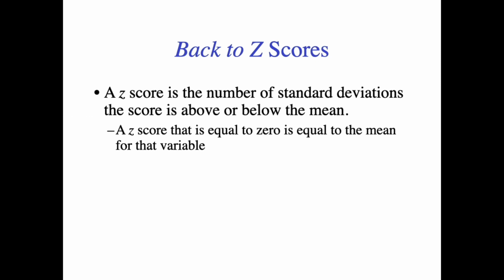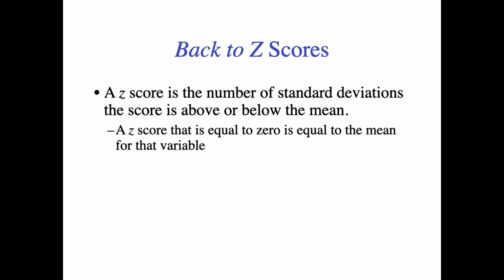Now, back to z-scores. A z-score is defined as being the number of standard deviations a score is above or below the mean. So this is really the units for a z-score, standard deviation units. A z-score that has a value of 0 is equal to the mean for that variable. So that means that it's not above or below the mean.